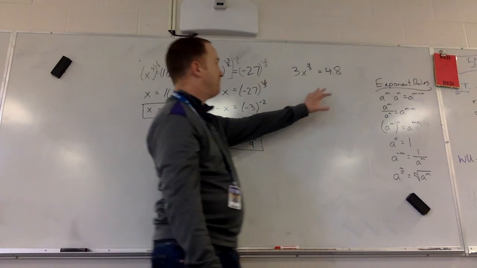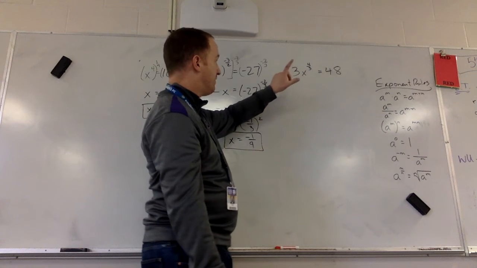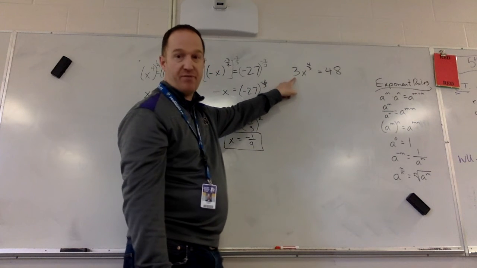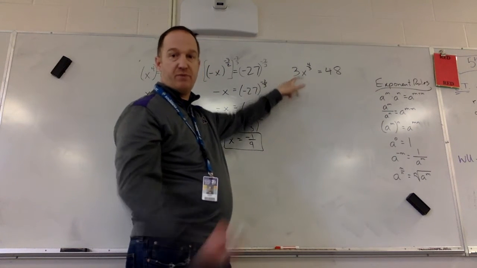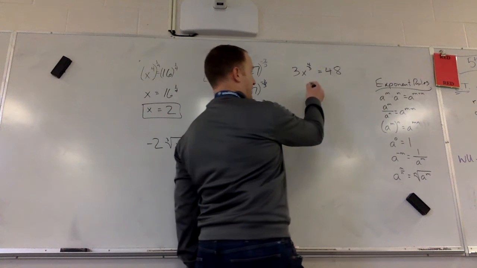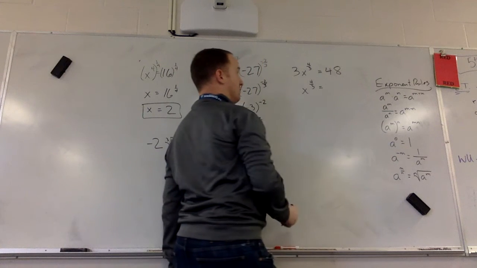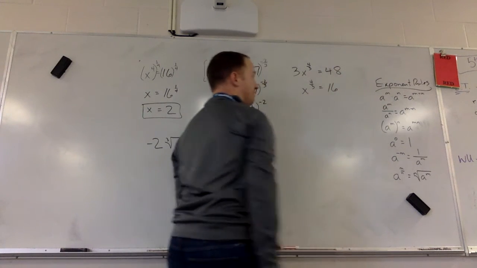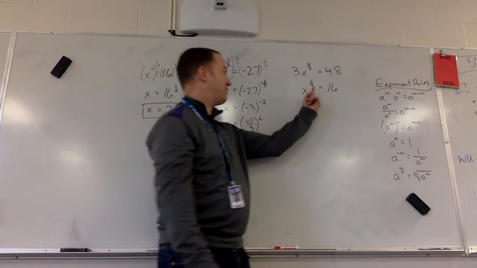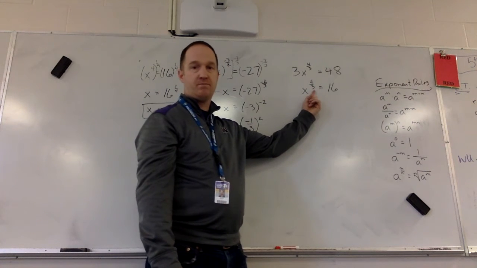Let's take a look over here. First thing we have to do is get rid of that 3. We're just going to divide both sides by 3. That'll get rid of it. x to the 4/3 equals 16. Now it's time to get rid of that exponent.